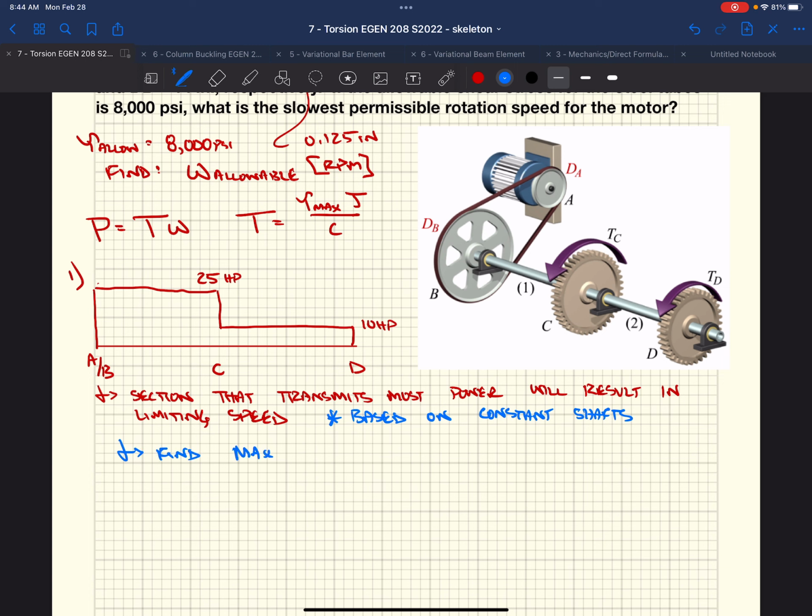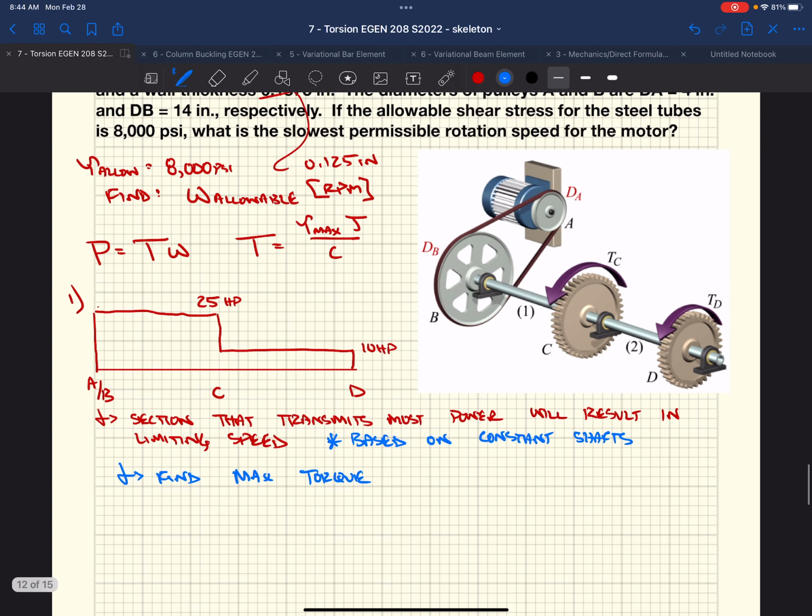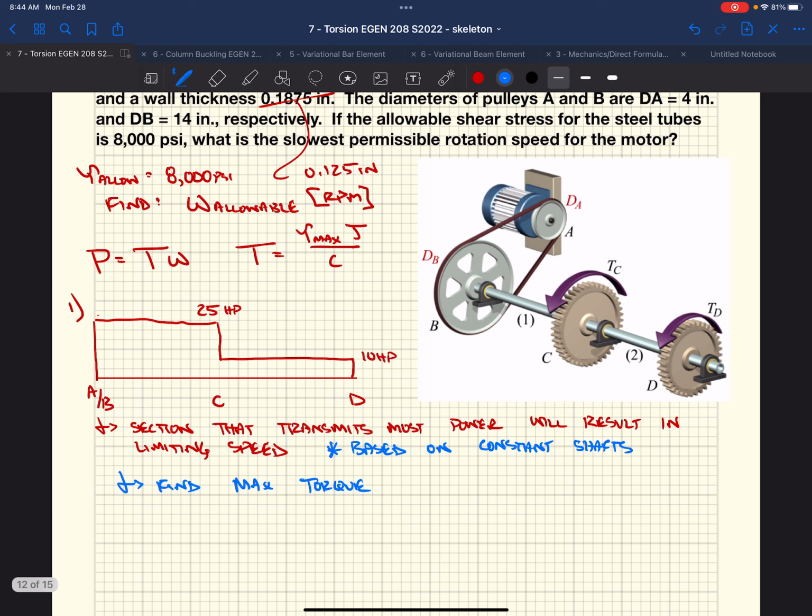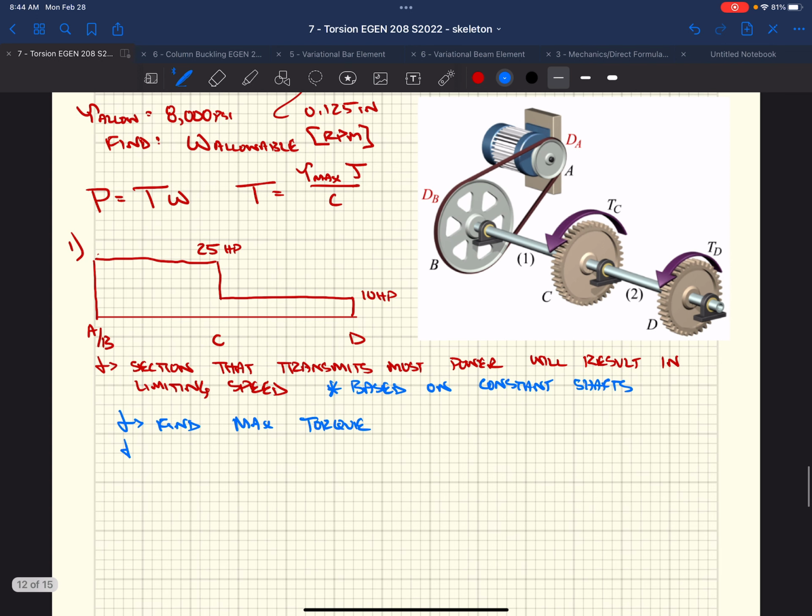That would be our next step. Because our maximum torque is then going to be, our two knowns are our power and our torque, and we know the torque based on our maximum shear stress. Once we find our maximum torque, we can then find the slowest speed.